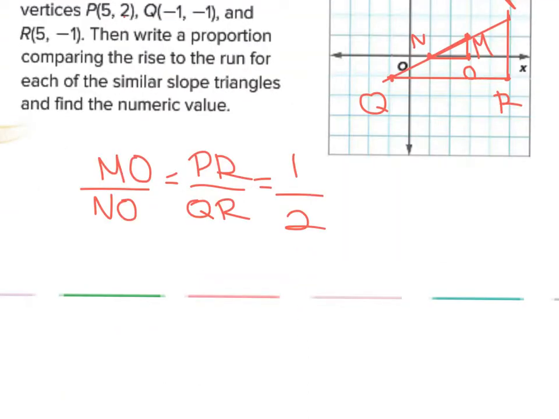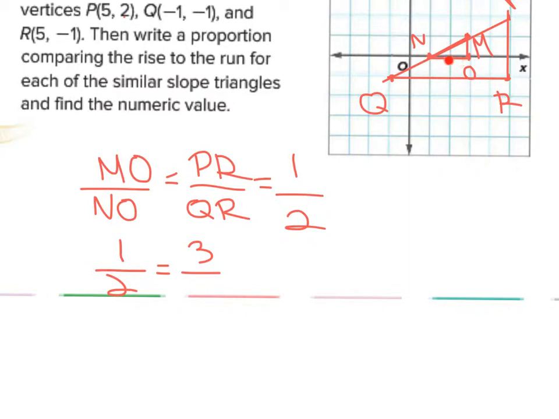And the way I got 1 over 2 is simple. I'll show you. I'll replace my numbers. MO is 1, right? As you can see here, it's only 1. And that means PR is 3, right? PR is 3. And NO is 2. You can see it here if you haven't counted.